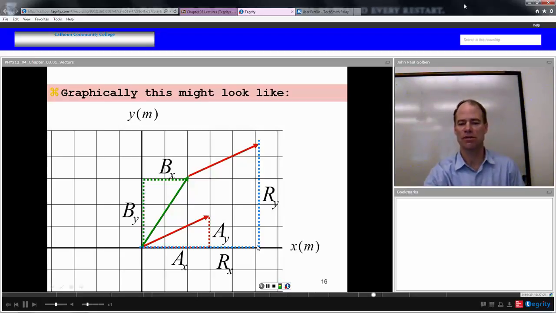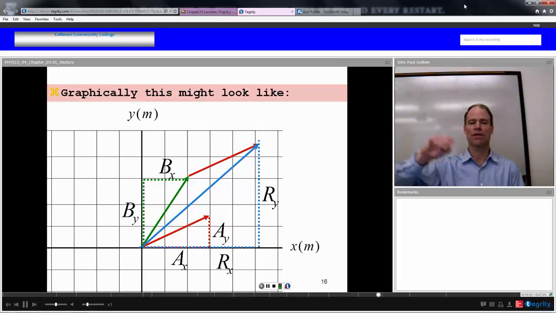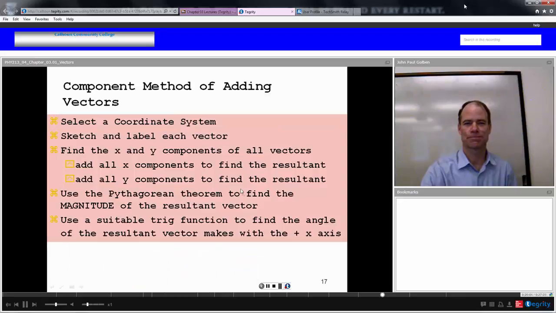Those are my resultant components, x and y respectively, and they comprise the components of my resultant vector R. So I can look at this graphically as magnitude and direction in the vector B plus A, giving me R, or component-wise, R sub x plus R sub y gives me R. Either way I look at it, it's the same.